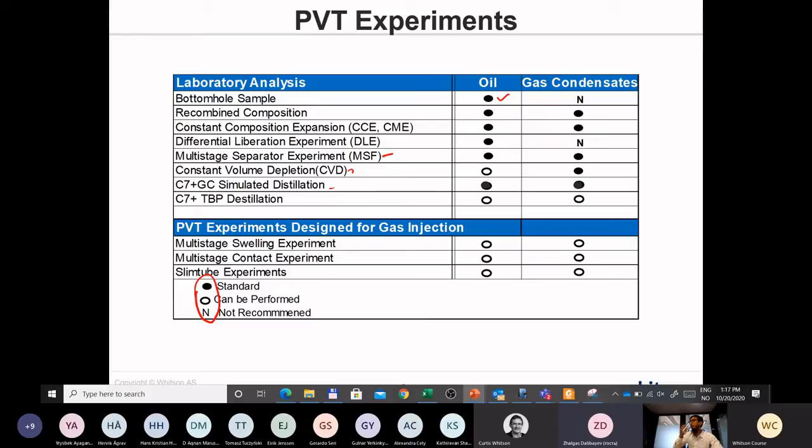Which experiment is the most suitable for that? CVD, right? So you have a composition after some depletion in the reservoir? No, we have the initial composition, and using that initial composition we need to know the composition in the future, after some depletion. Right. So that would be the CVD.